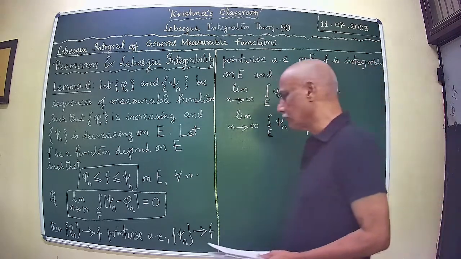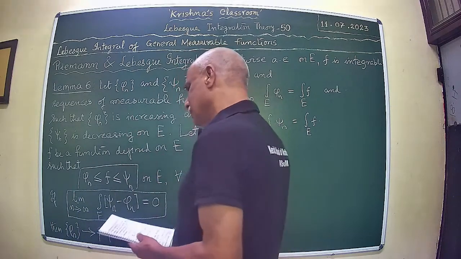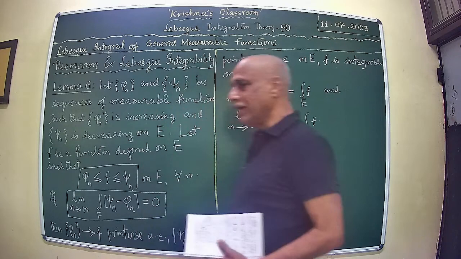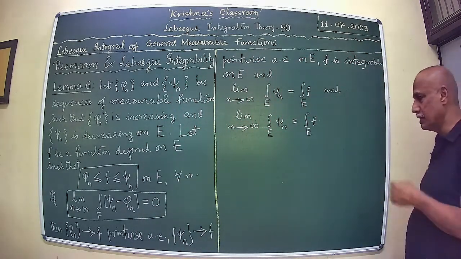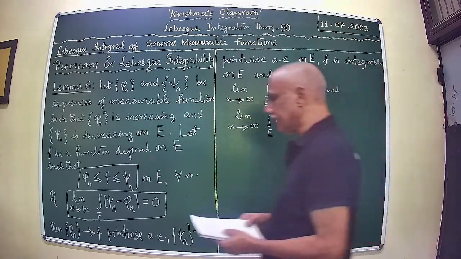Then we have phi n converging to f pointwise from below and psi n converging to f from above, pointwise almost everywhere, and the corresponding integrals.